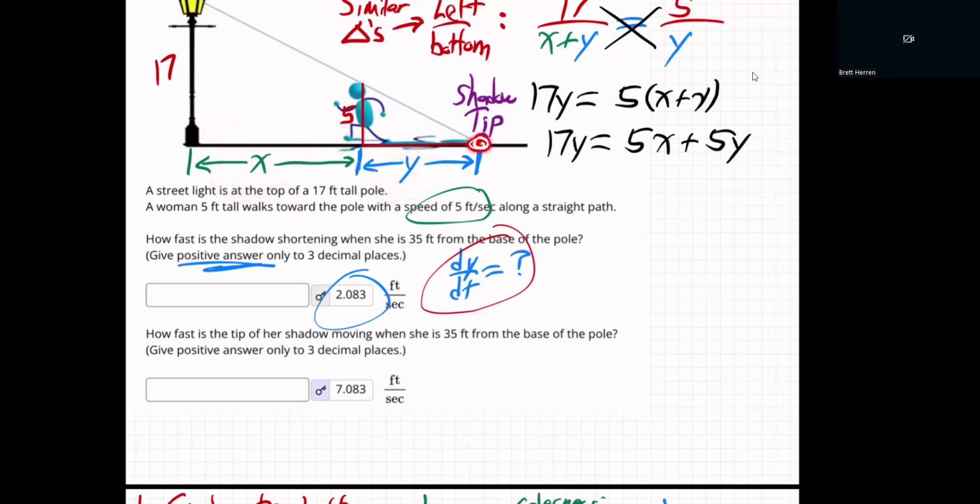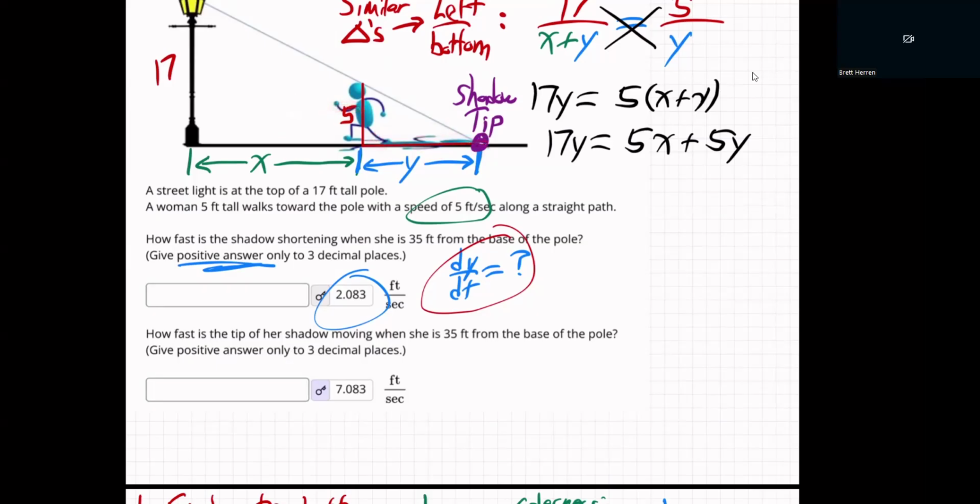So what makes the tip of the shadow move along the ground? Both those things. Do you realize that? Just as she herself goes towards the pole, she drags her shadow with her at that same rate.